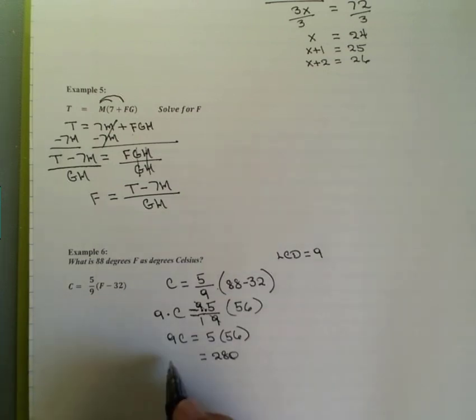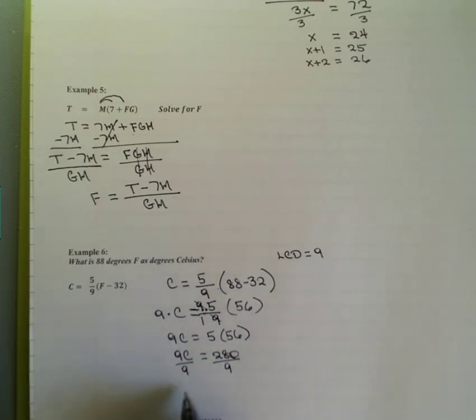Okay, it looks right to me. I've got 9c is equal to 280, and now I'm going to divide both sides by 9. C is going to equal, well, let's see, 280 divided by 9, and I get 31 point, and it keeps going.